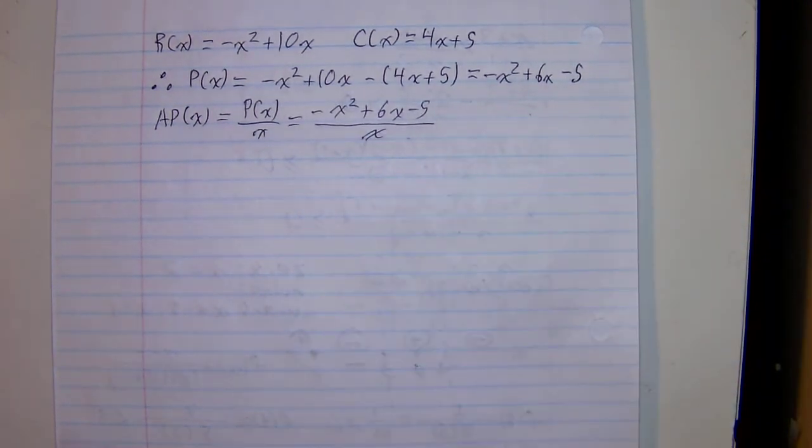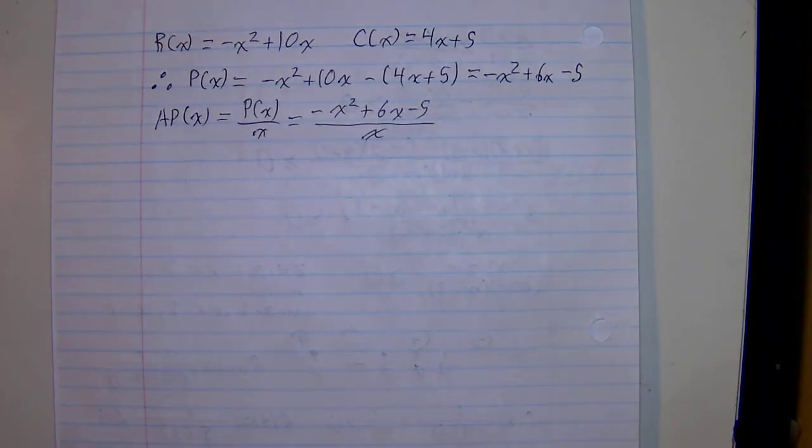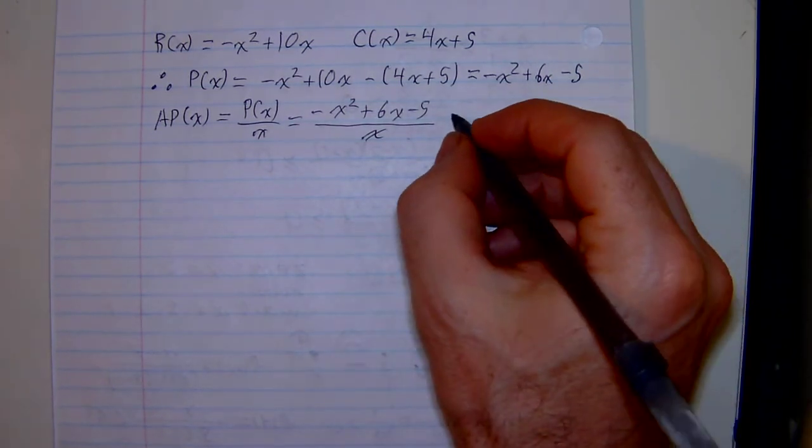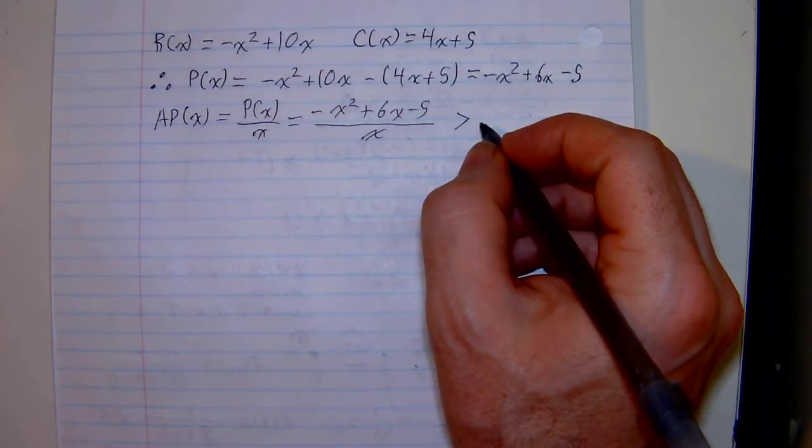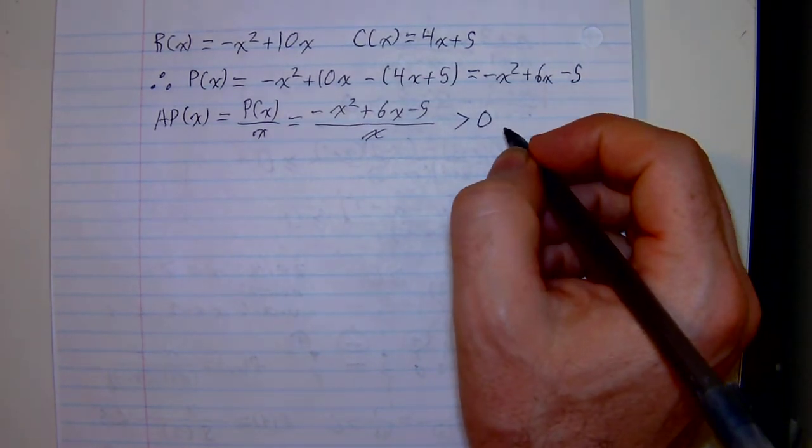And the last thing to notice in this question is that x is number of snowboards produced in thousands. So if x equals 1, that means 1,000 snowboards. If x equals 7, that means 7,000 snowboards. So we want to determine where this average profit per snowboard is going to be greater than 0.